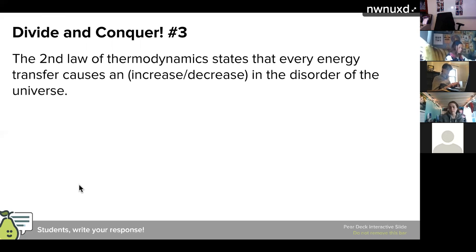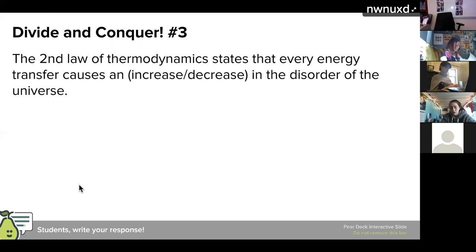Energy lost always equals energy gained. Not familiar? Maybe you spent some time on the second law, but that probably showed up more in chemistry than in physics. The second law of thermodynamics simply states that entropy, that disorder, is always increasing within the universe, in the surroundings, outside of the system. And lots of you circled increase.